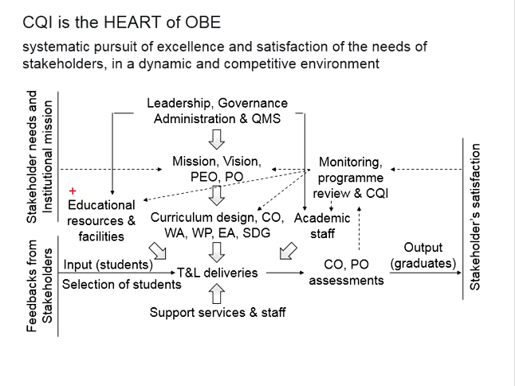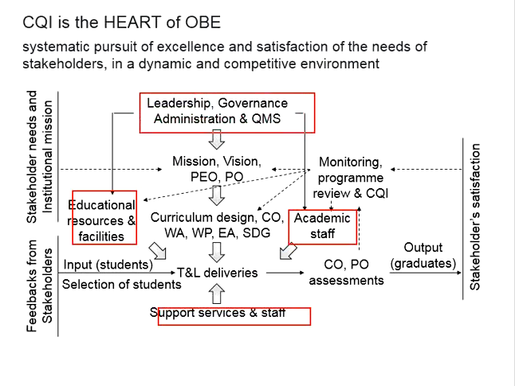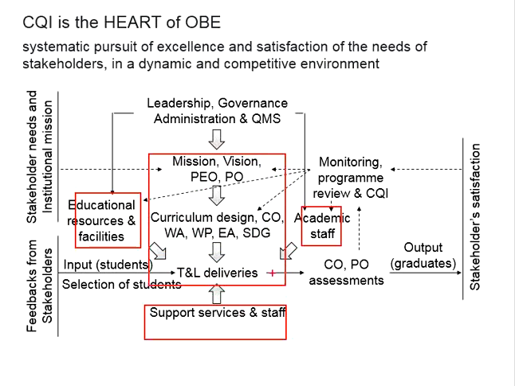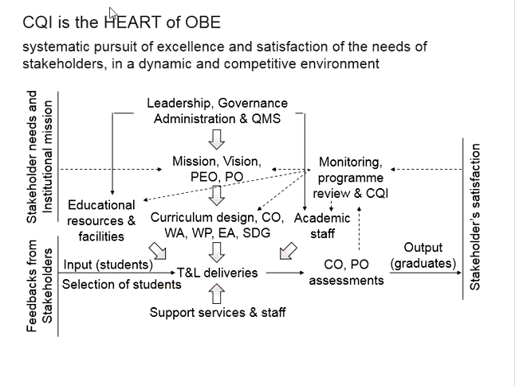Now, when it comes to the facility, resources, and staff, it is under the quality management system, as well as the administration of the institutions of higher learning. The institutions will take charge and take responsibility over supply of all these things in order to make sure the program achieves the intended objectives.